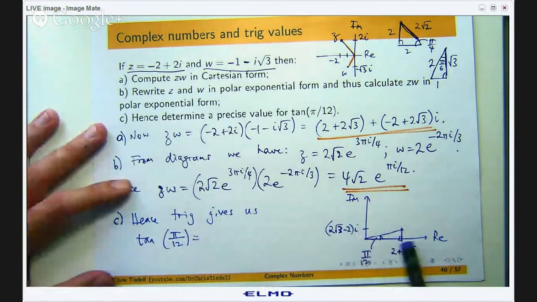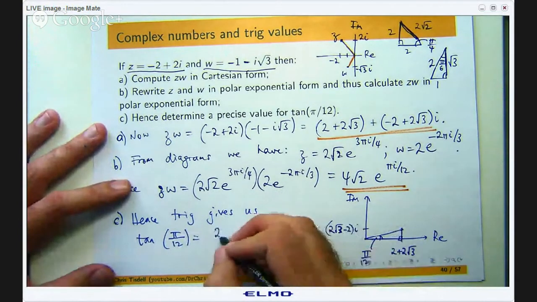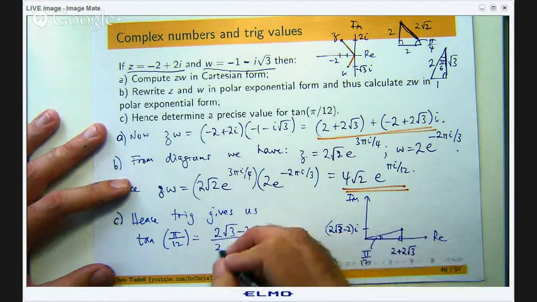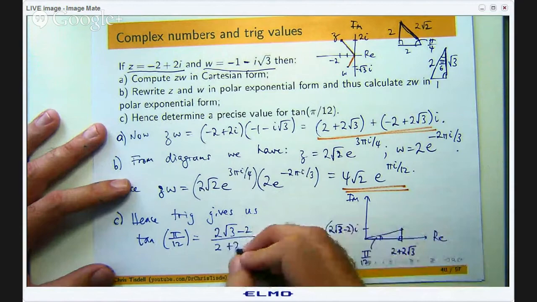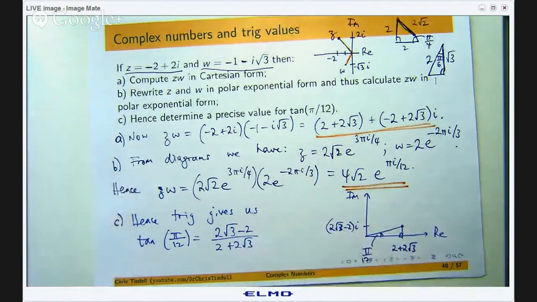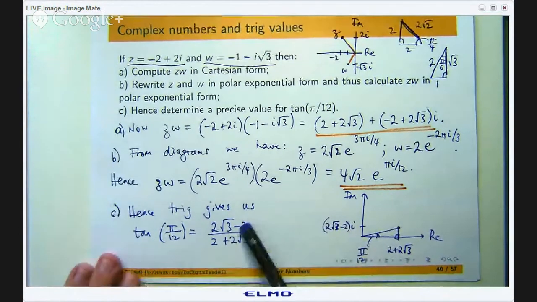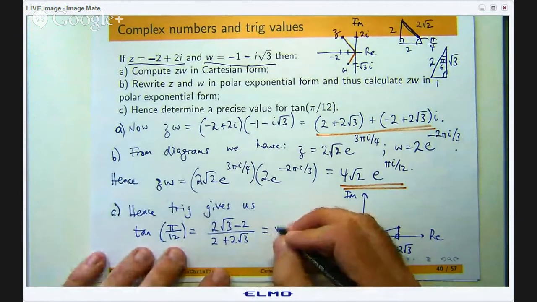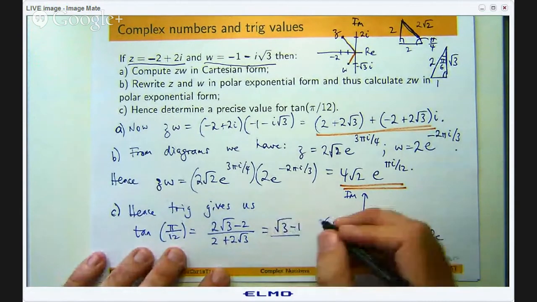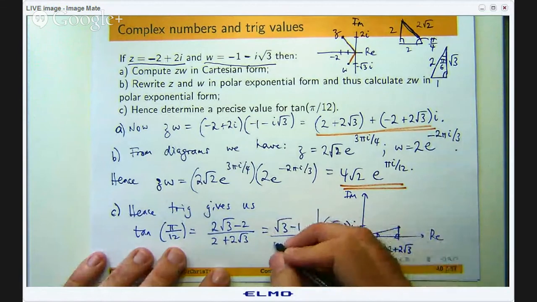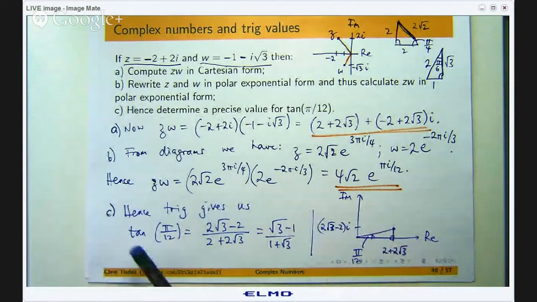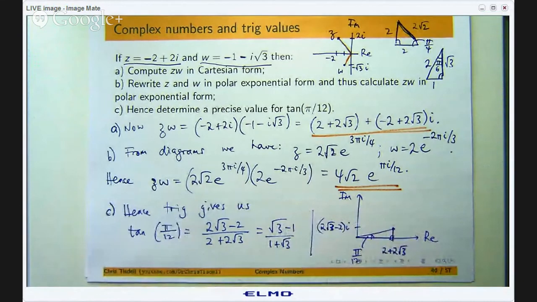So this over this. Now you can see that we can simplify here. You can scrub off the 2's. So I'll get something like this. Okay, so that then is an exact value for tan of pi on 12, or tan of 15 degrees.